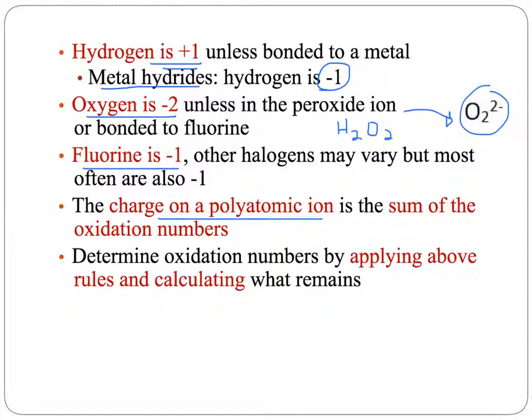Writing the negative before or after the number is a way of indicating whether we're talking about an oxidation number or a charge. So a 2- is the charge, but a -2 would be the oxidation number. In this case, it would be 2 times -1. You determine oxidation numbers by applying these rules, and then with whatever atom is not covered by the rule, of which you can see there are quite a few, you just use the calculation to determine what their oxidation number would be.